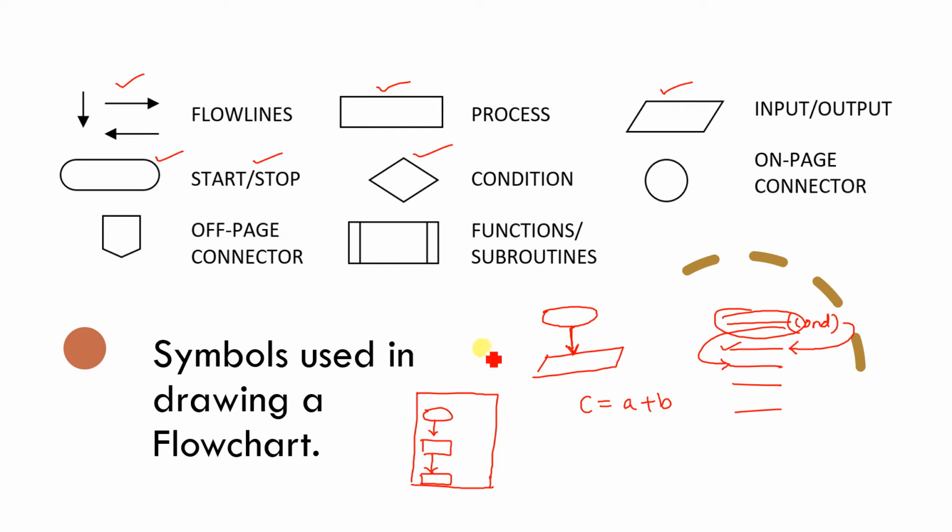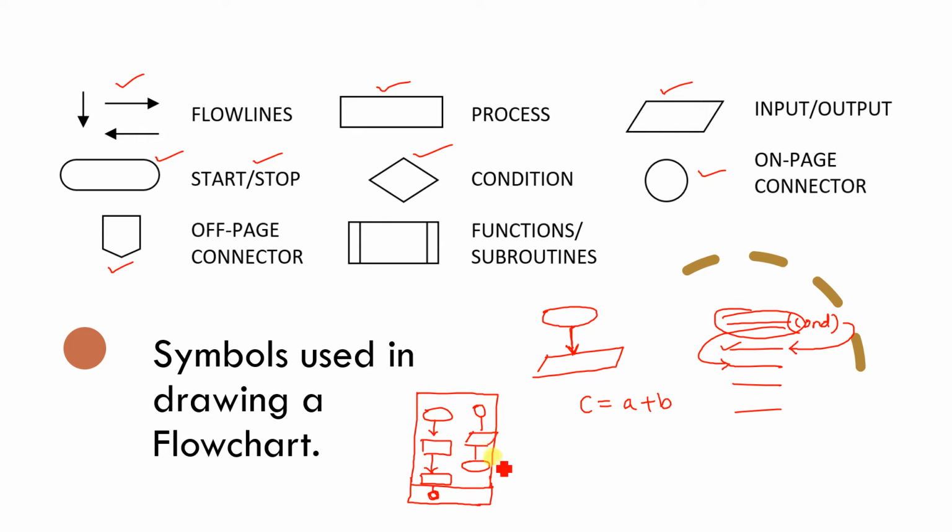What you will do is either use an on-page connector or a symbol called the off-page connector. If space is available on the same page, you can add a circle over here and start the steps again from here. This is how you represent the flowchart when connecting with an on-page connector.